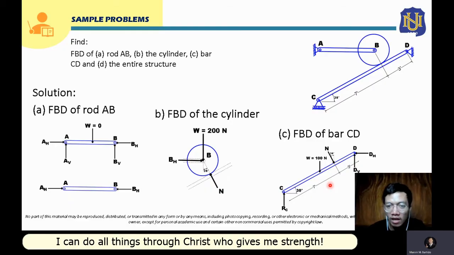And also, we have here 30 degrees inclination. Since the normal force is perpendicular to the incline of this bar CD, if we draw a vertical line here, the angle of this normal force from the vertical line will just also be 30 degrees. So this will now be the free body diagram of bar CD.